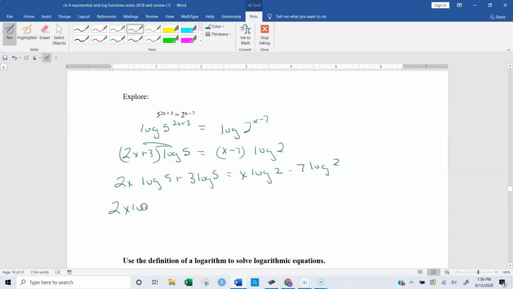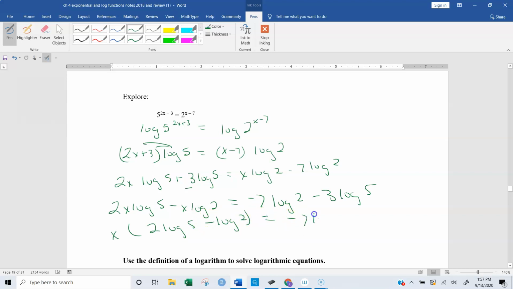So we got 2x log 5 minus x log 2 equals minus 7 log 2, and subtract over your 3 log 5, minus 3 log 5. Factor out your x. x times (2 log 5 minus log 2) equals minus 7 log 2 minus 3 log 5.